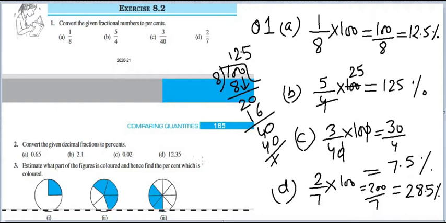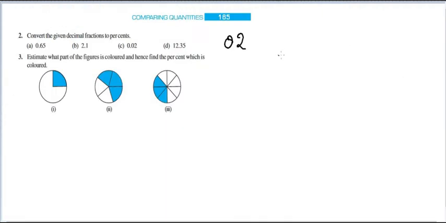In question number 2, let us convert decimal to percentage. Here in A part, you can see it's 0.65. As per the pattern, whenever a number is divided by 10, we get a decimal after 1 place.